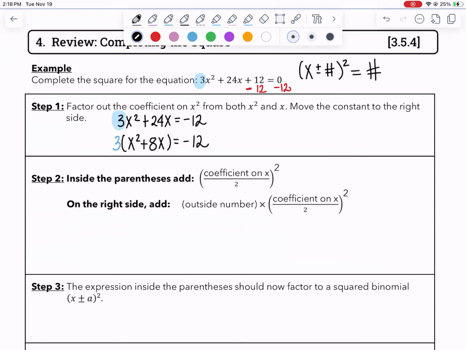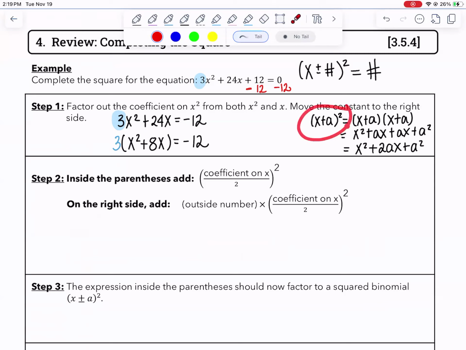The next part is weird. The idea here is that we need this to become something squared. If you think about what x plus a squared is, that's the same thing as x plus a times x plus a. If you FOIL this, you get x squared plus ax plus ax plus a squared, which is x squared plus 2ax plus a squared.